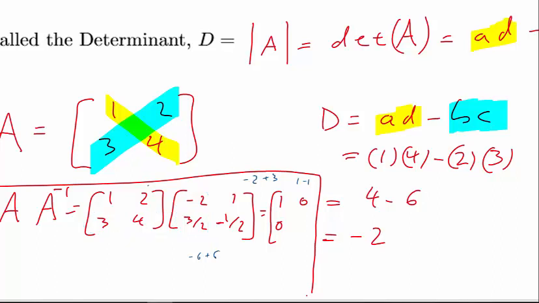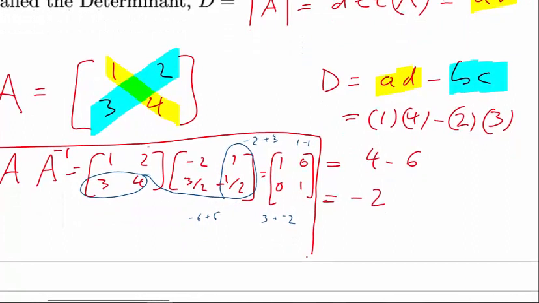And then for the next one, once again this row, and then that column there. This will be 3 plus negative 4 times negative 1/2, which is 2. 3 minus 2 is 1, and we put the 1 right there. And that is the 2 by 2 identity matrix, which is precisely what we wanted.